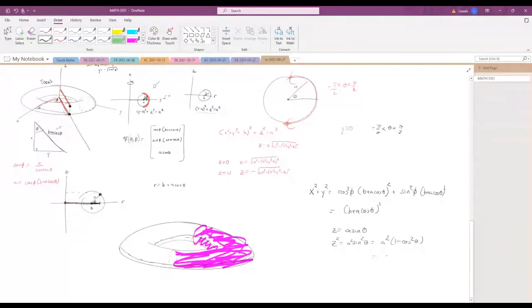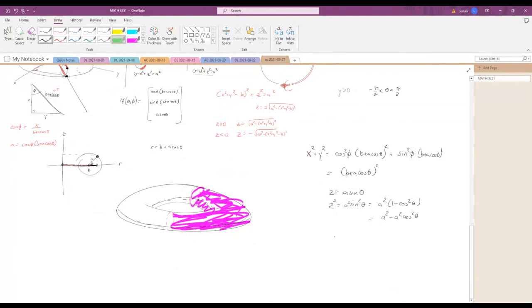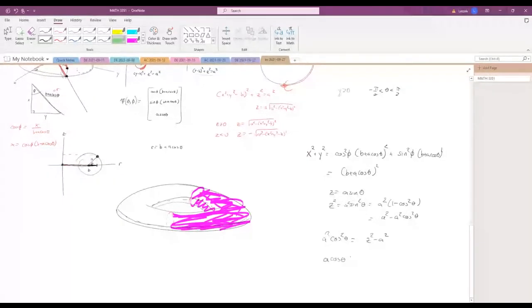I'm going to solve for sine squared, a squared is the same as z squared minus a squared. We're going to take the square root of both sides. But how do I know whether it's plus or minus?